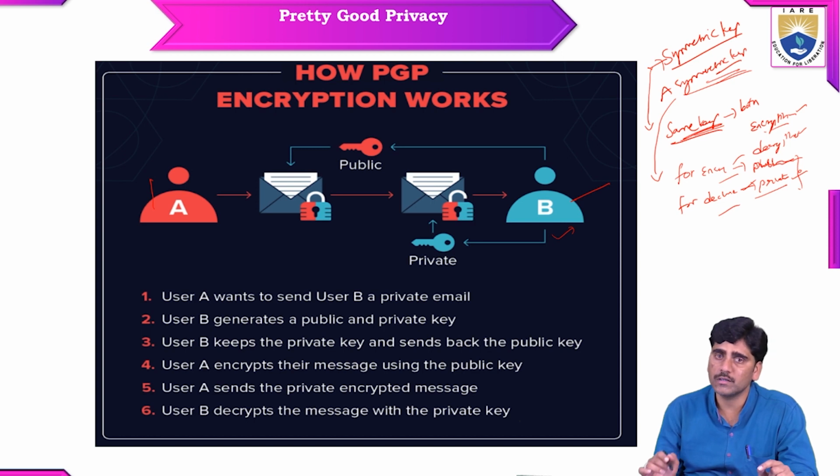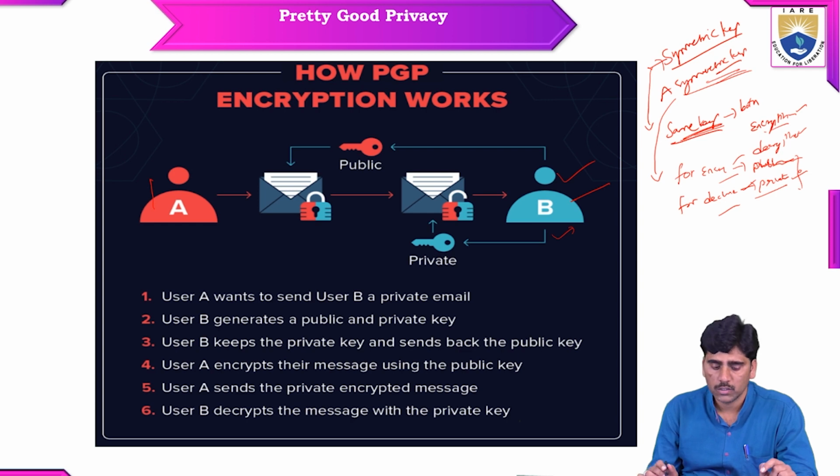So if both users, both A and B, have encrypted mails or PGP service enabled mails, then they are able to share their files or mails securely, and they are able to write private mails also.